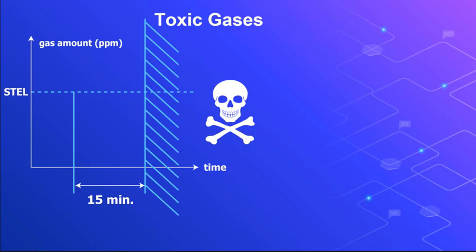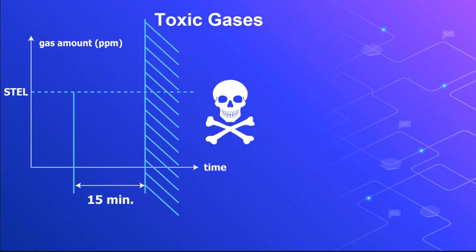Let's unpack the TWA and STEL levels a bit more. The concentration of carbon monoxide gas in the environment is measured in ppm, which is parts per million units. Example: 50 ppm carbon monoxide means 50 molecules of carbon monoxide gas for every 1 million molecules in the air.